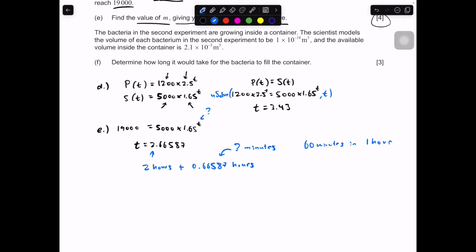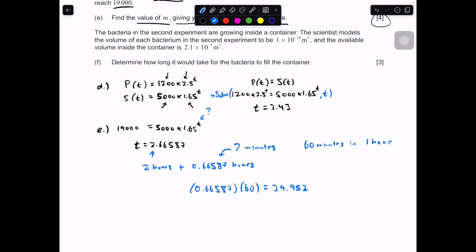That is to say, we have 0.6658 of 60 minutes. Let's go ahead and work that out. I'm just going to do it on my calculator right here. 0.66587 times 60, and what does that equal? That equals 39.952.